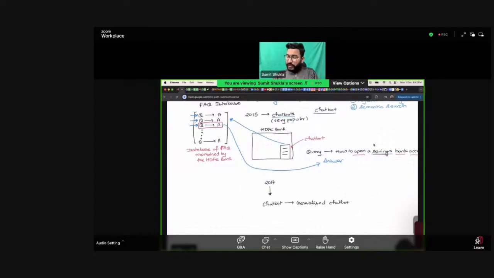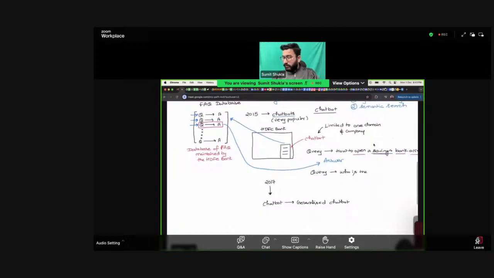So this chatbot, which is running on the HDFC Bank website, is limited to one domain and company.